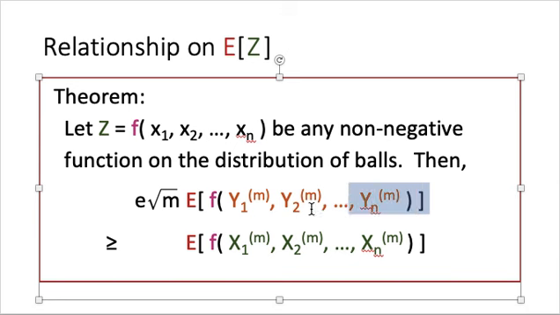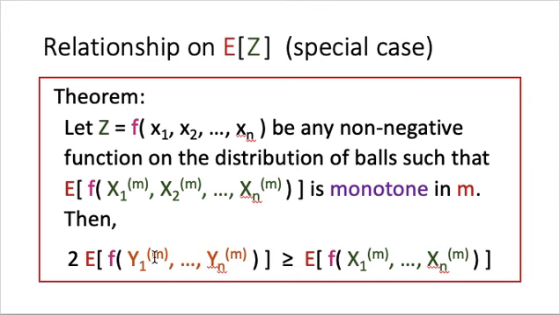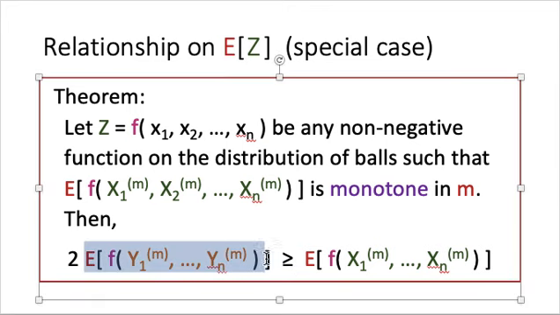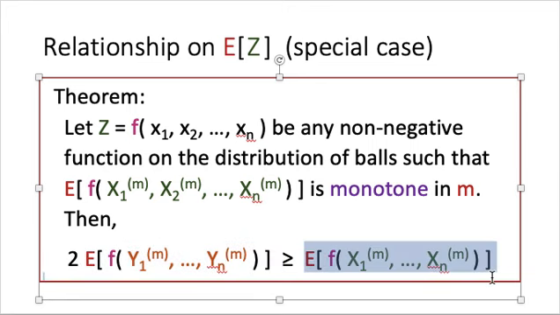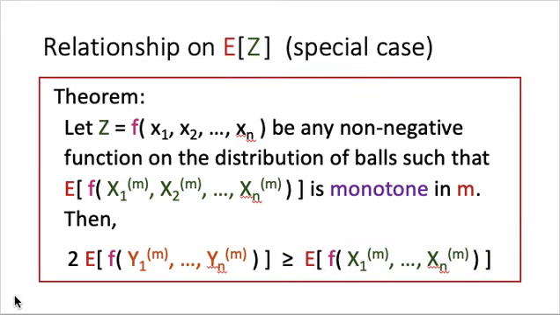On the other hand, the expected value in the Poisson case is much easier to analyze. So when this expected value is small, in particular when we are talking about indicators, then multiplying by 2 is still small. So this is how one may apply this theorem to give us some interesting results.